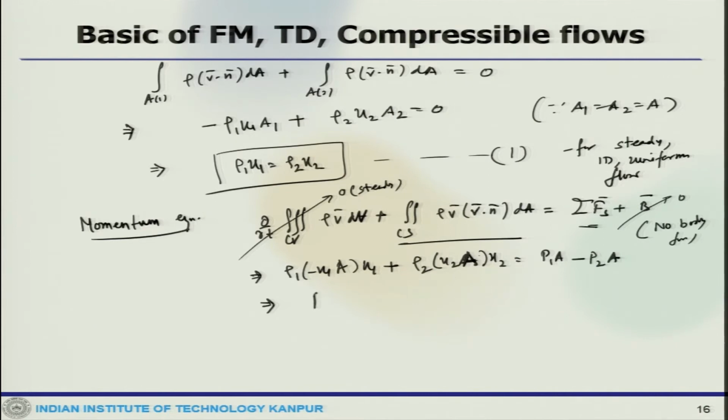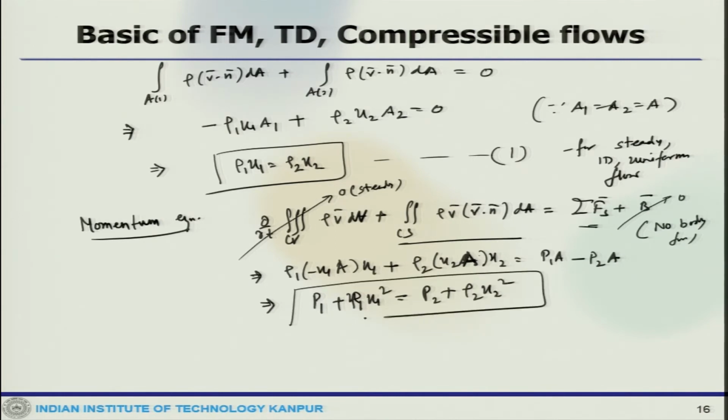What we get is p 1 plus rho 1 u 1 square equals p 2 plus rho 2 u 2 square. That is equation 2, the momentum equation for steady 1D flow.